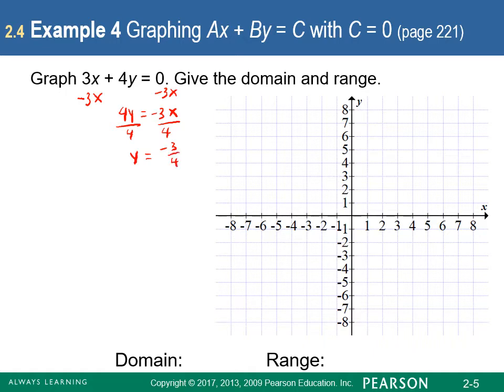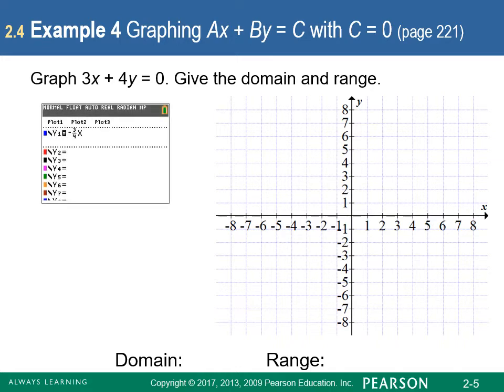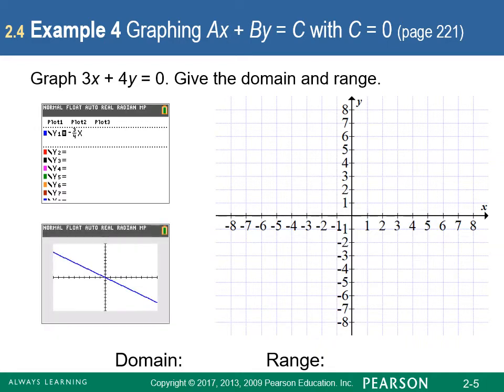This is something we can type into our calculator, and it's the same equation that we started with, just with a different look. So we'll take out our calculator, type the y equals -3/4 x, and press the graph button. This is what we see.